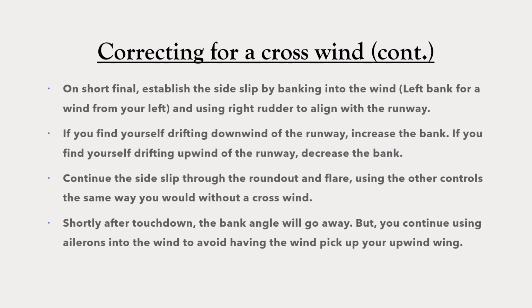When you touch down, that bank angle will go away because once your wheels are on the ground, the angle of the ground is what determines your bank angle. But you'll continue using your ailerons into the wind like you would when you're taxiing in order to have wind pick up that upwind wing.